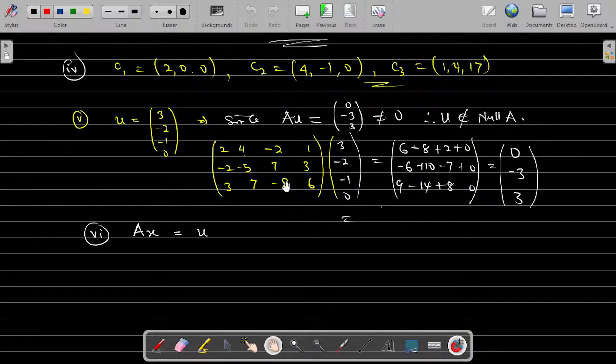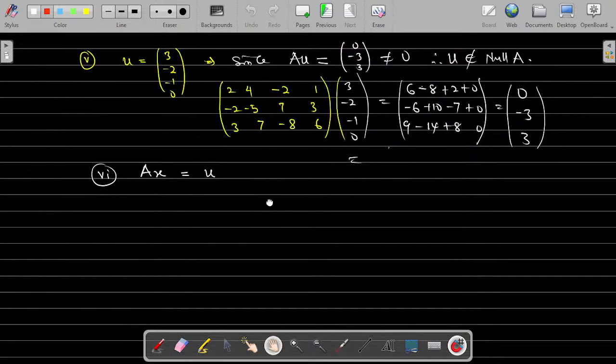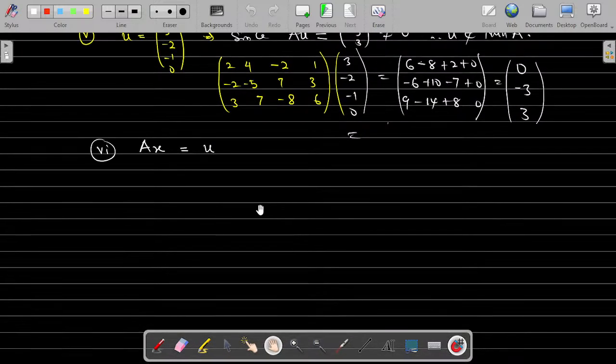It says we should determine if U is in the column space of A. Okay, and then we said that to achieve that we need to show that there is a vector X that you will multiply with matrix A, and you will get your U.